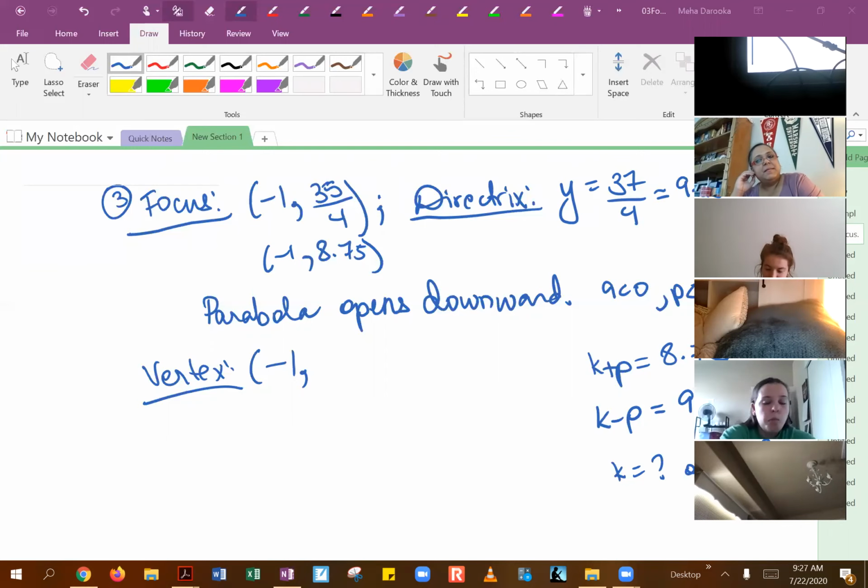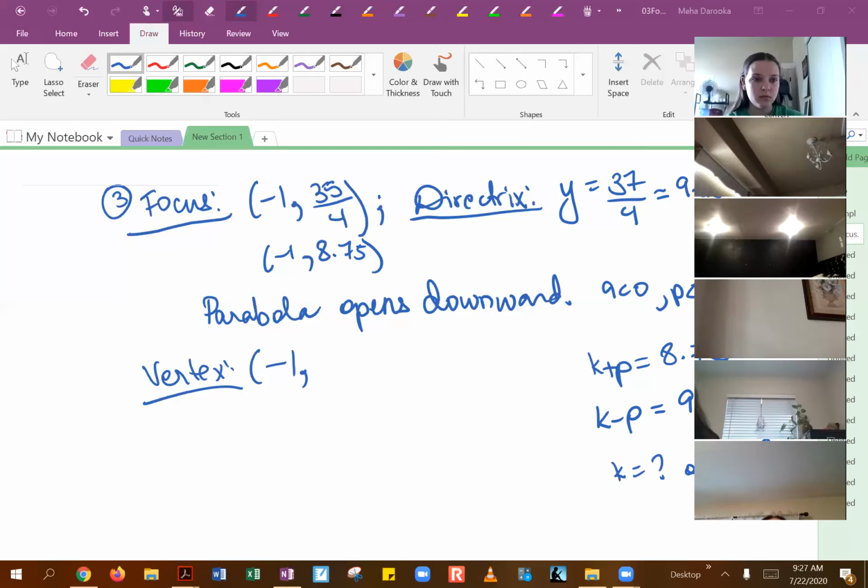So what do you think? 8.75 and 9.25. Okay, so what you want to do here is take the difference between those two numbers and divide it by 2. That's it.